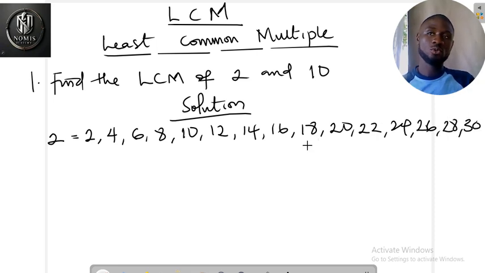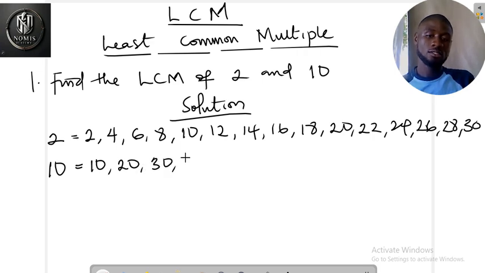We can continue like that to any extent we wish to. It doesn't matter. Then 10. The multiples of 10 are 10, 20, 30, 40, 50, 60, 70, to any extent. So now we just found the multiples of 2 and the multiples of 10.